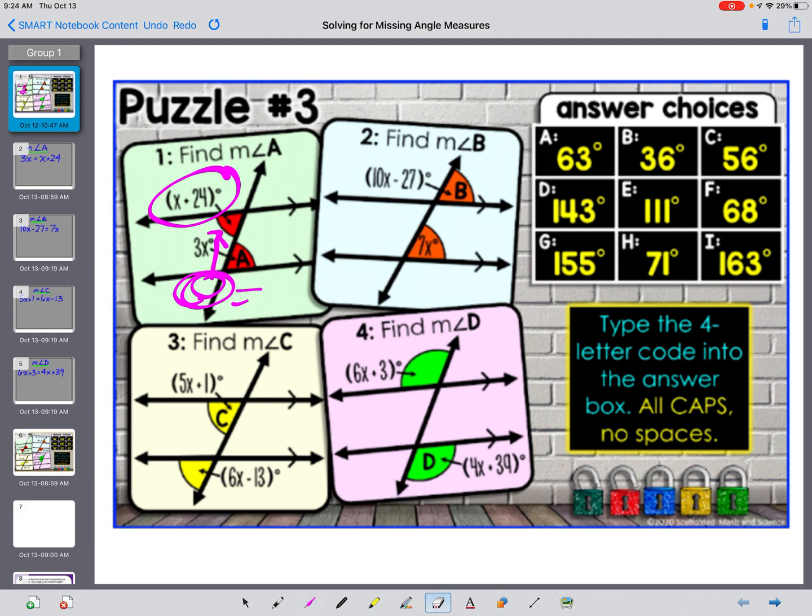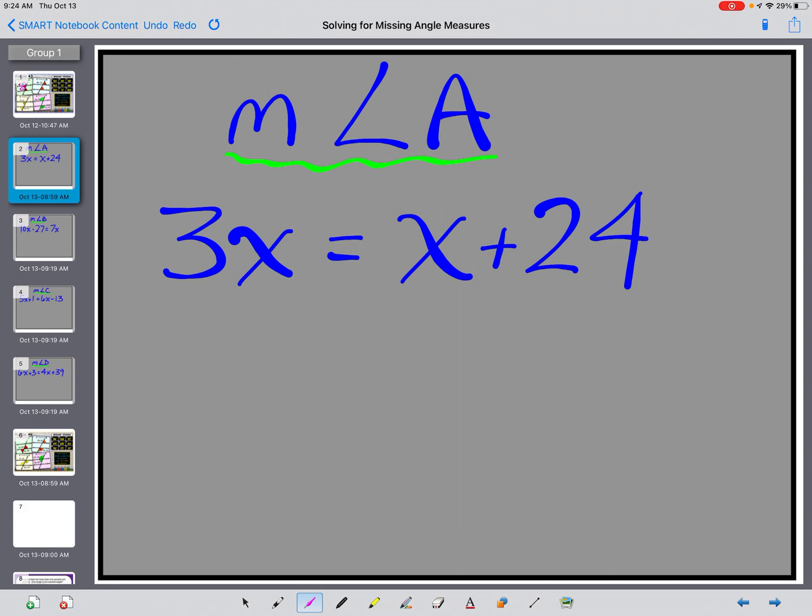And so we can set up an equation where we have x plus 24 equals 3x, and then we will solve for the measure of angle A. So using algebraic concepts, we move the x over to 3x, it equals 2x, and then 2x equals 24.